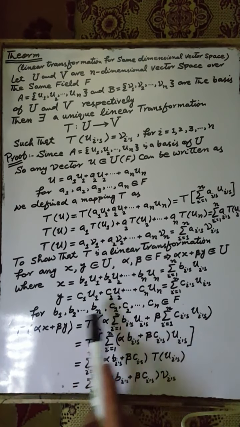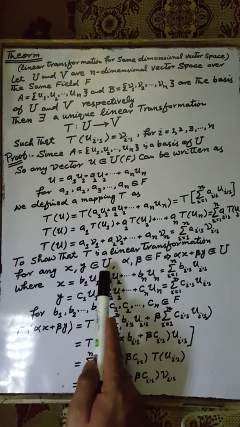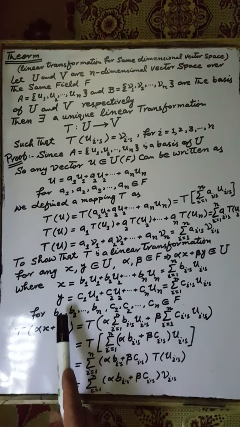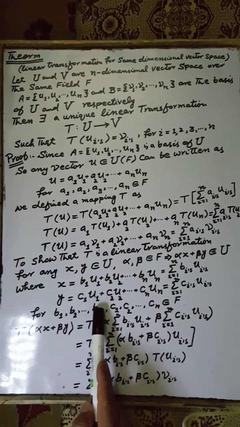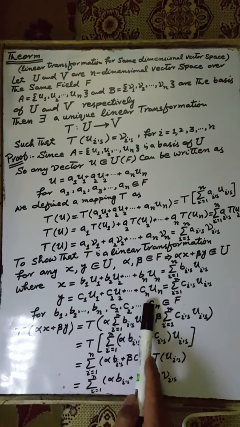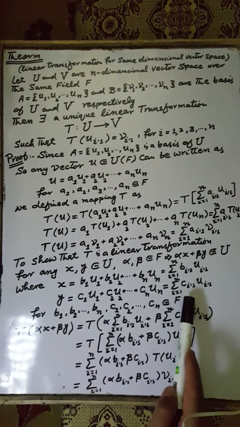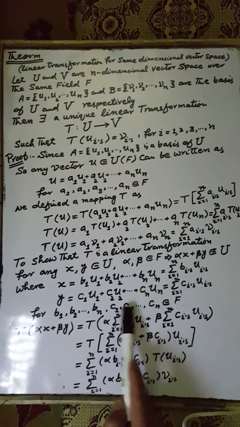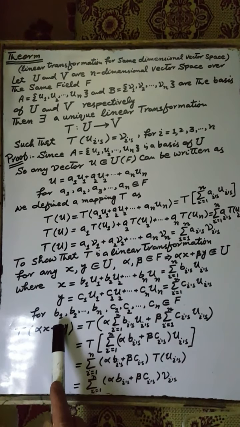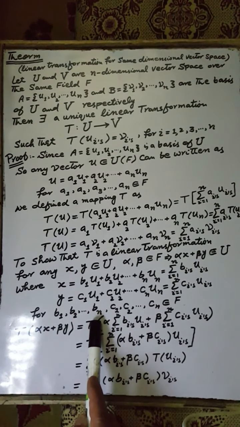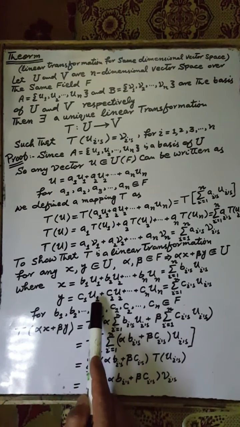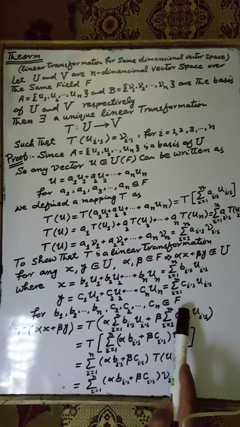And y can also be written as a linear combination of its basis vectors, y = c1u1 + c2u2 + ... + cnun, that is the summation of ci ui, i = 1 up to n, where b1 up to bn and c1 up to cn are elements of the field.